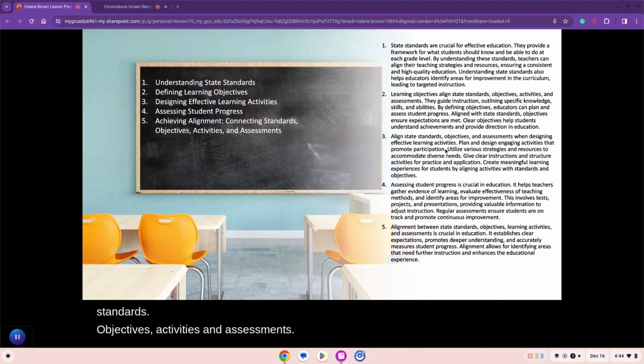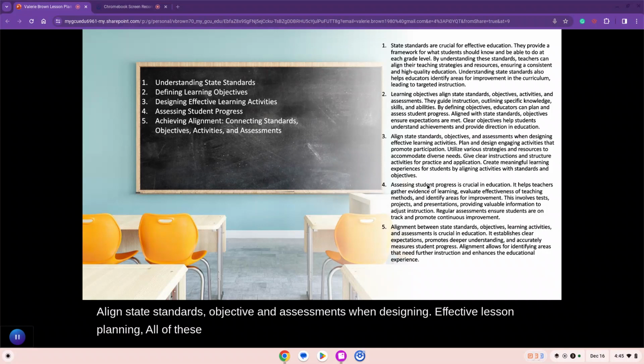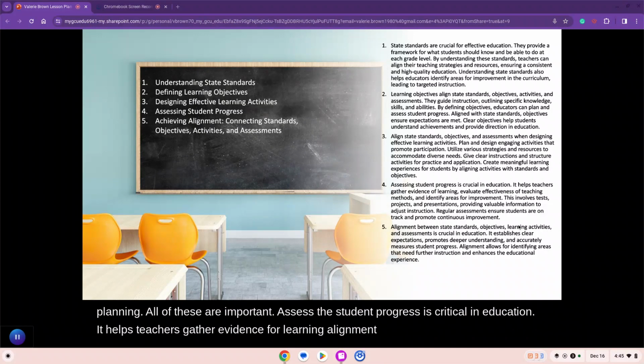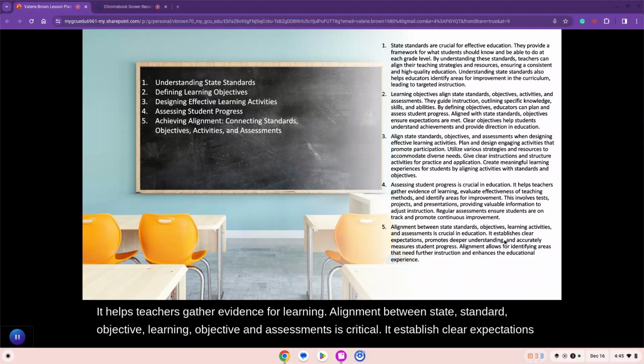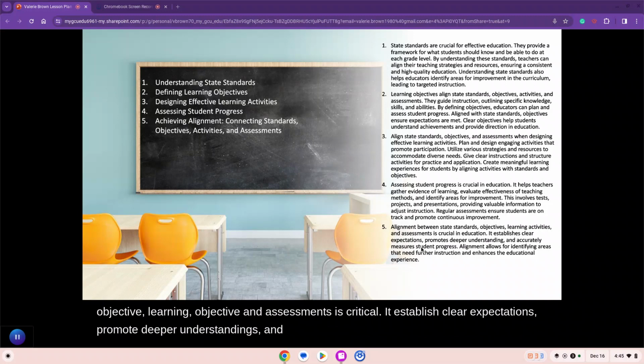Align state standards, objectives, and assessments when designing effective lesson plans. All of these are important. Assessing student progress is critical in education. It helps teachers gather evidence for learning. Alignment between state standards, learning objectives, and assessments is critical. It establishes clear expectations, promotes deeper understanding, and provides accurate measures of students' progress.